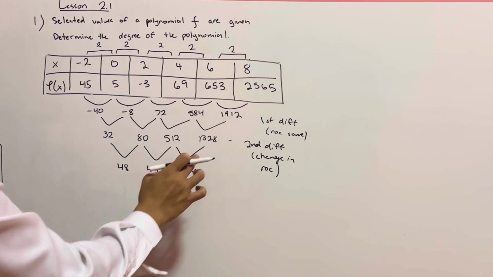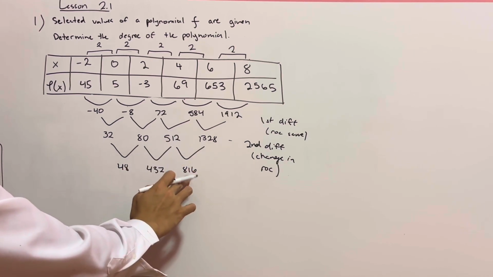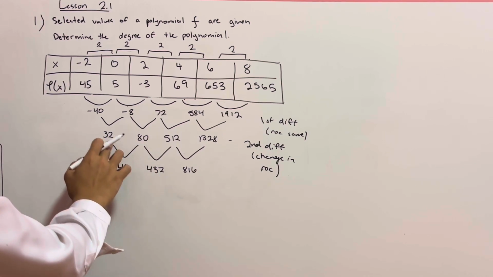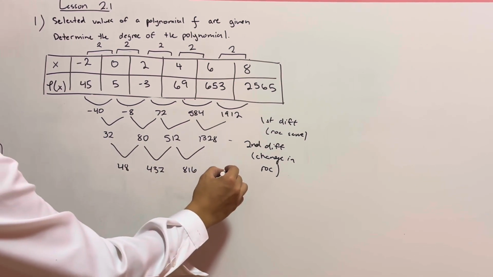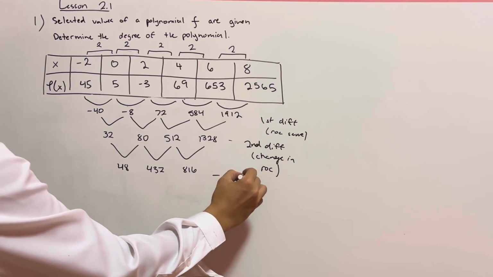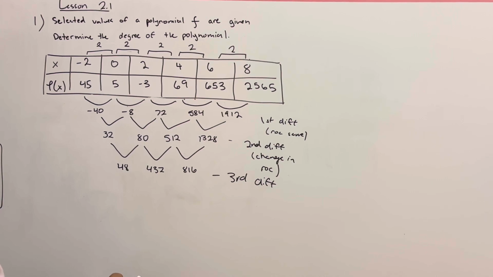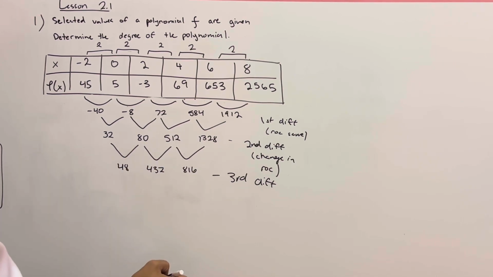We do 1328 minus 1512 to get 816, 1512 minus 80 to get 432, and then 80 minus 32 to get 48. And then that is our, guess what, third difference. It is not all the same, these differences, so the function is not degree 3.